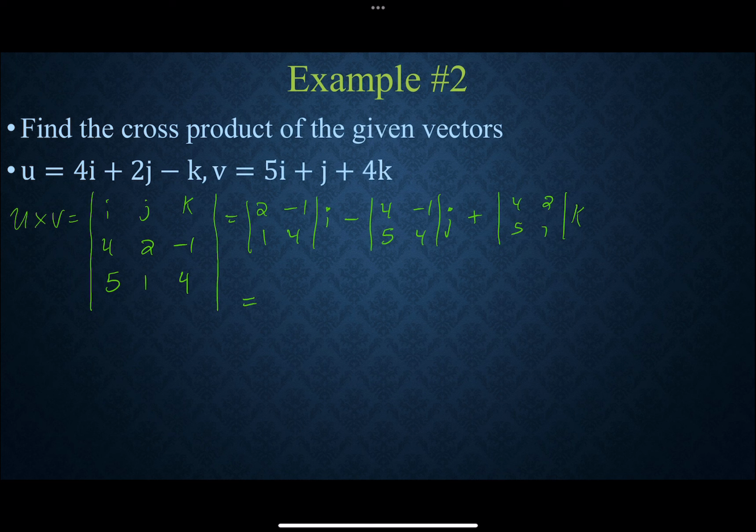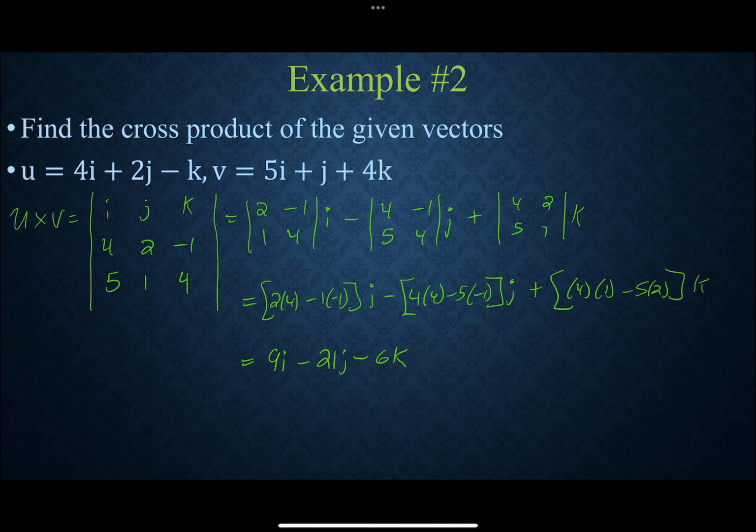So we would have 2 times 4 minus 1 times -1, that's for the I component, and then minus 4 times 4 minus 5 times -1, that's the J component, and then 4 times 1 minus 5 times 2, that's our K component.